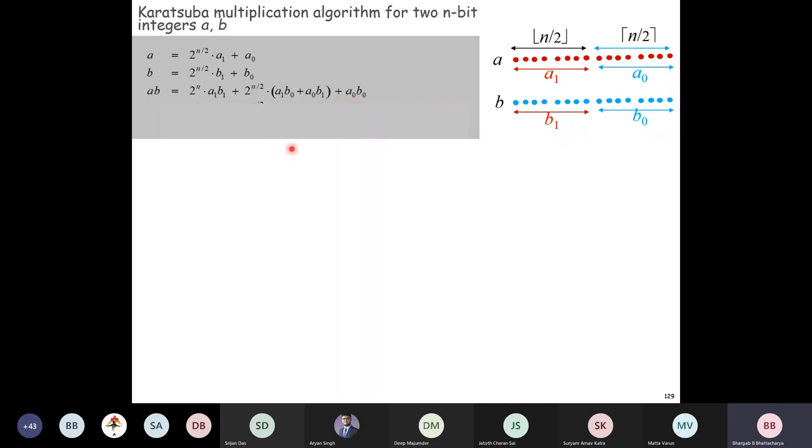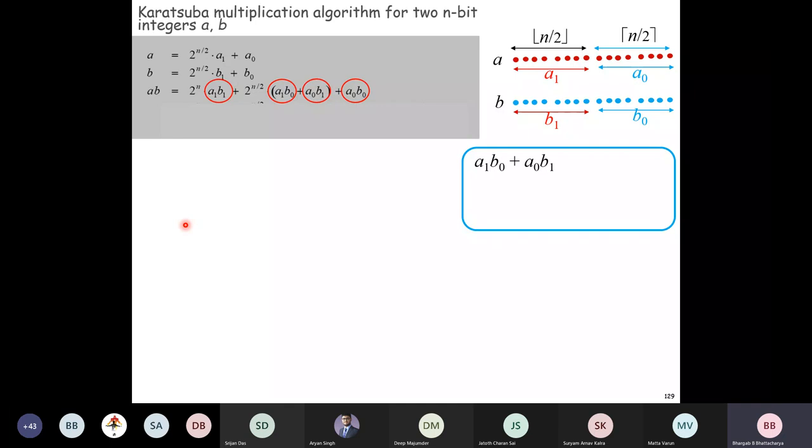So there are four smaller product terms you have to compute, right? If you compute 4 product terms, then even if you do divide and conquer, the quadratic complexity would not have improved. So what Karatsuba did is a very tricky algebra here. These are 4 terms that you need to compute, and if you compute these 4 product terms, then the complexity will not improve.